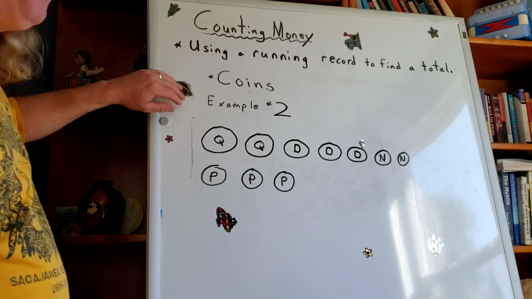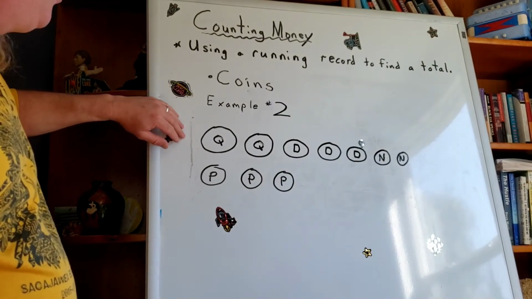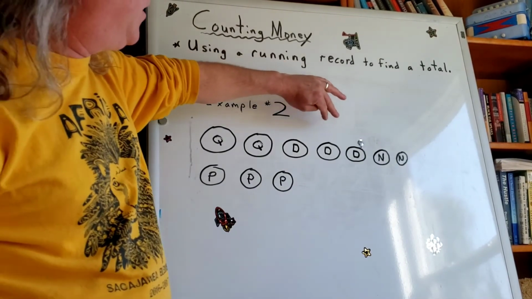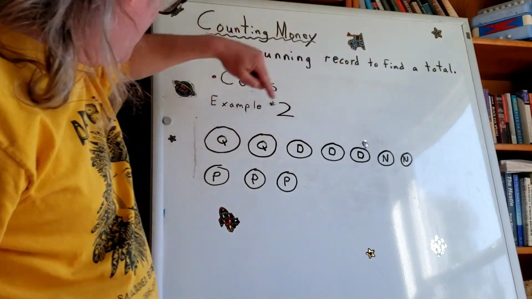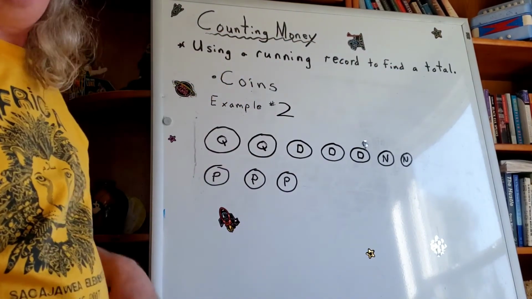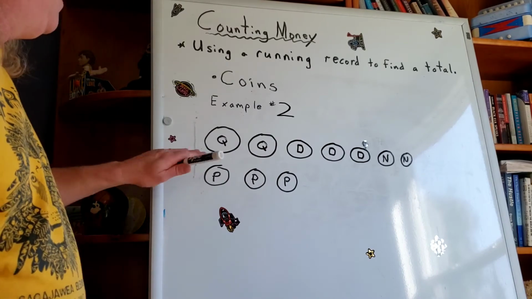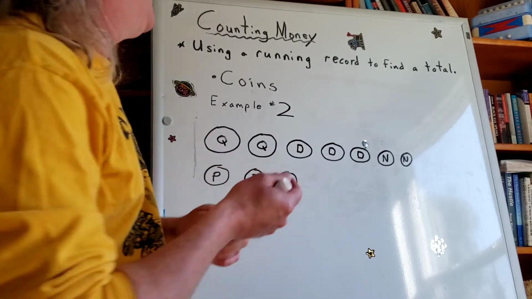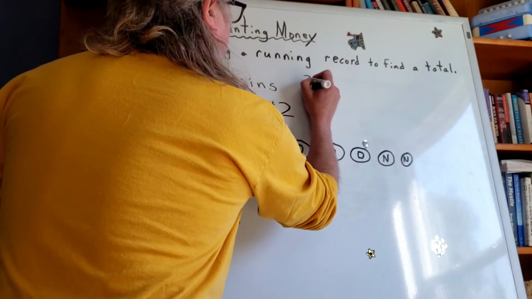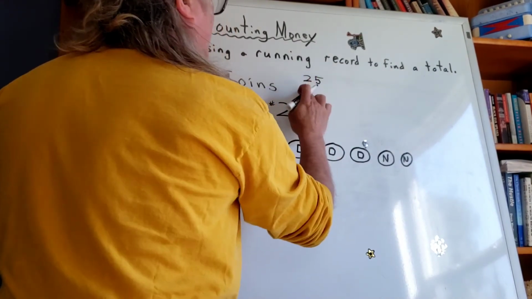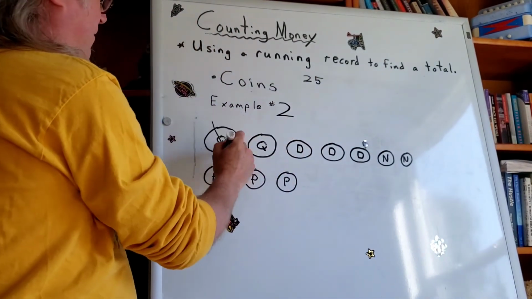Example number 2. Now we've got a larger group of coins, 2 quarters, 3 dimes, 2 nickels, and 3 pennies. Always start with the largest. Those are the quarters. Each quarter is worth 25 cents. So the first is 25.